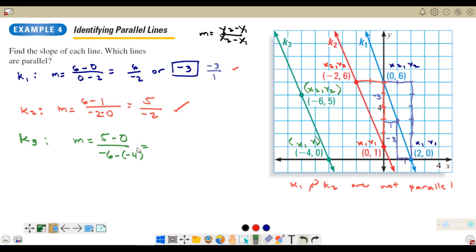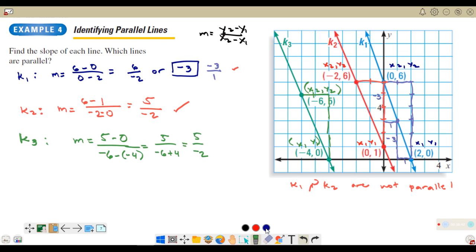Be careful with the sign. So here, we have double negative, so mag-change yung ating operation to addition. This is 5 minus 0 is still 5. This is going to be negative 6 plus 4, which will give you 5 over negative 2. So kapag ka daw tataas siya ng 5, 1, 2, 3, 4, 5, lalakad siya ng 2 beses pakaliwa.